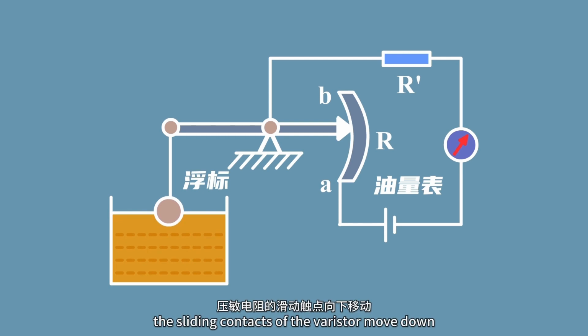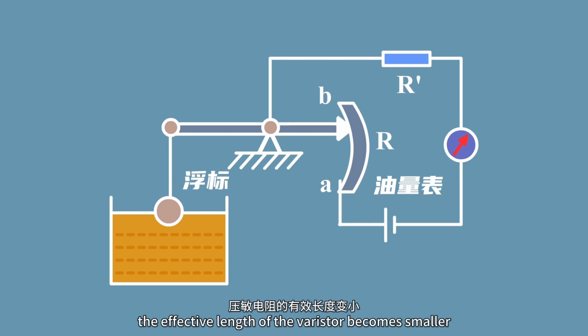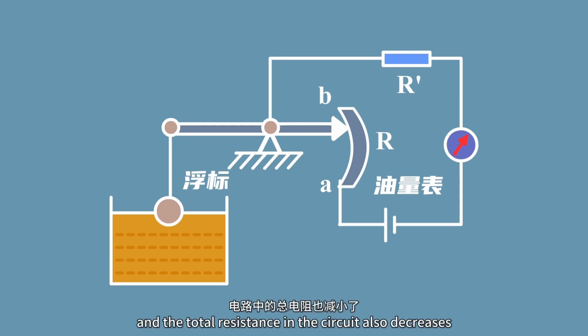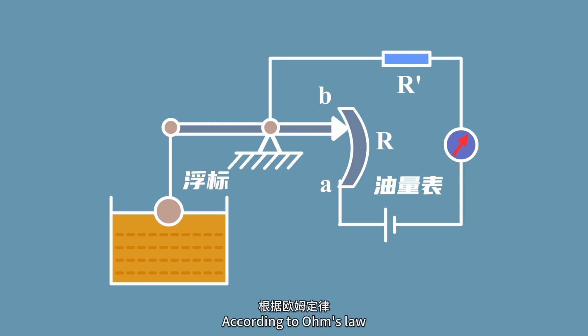The sliding contact of the varistor moves down. The effective length of the varistor becomes smaller. The varistor R decreases, and the total resistance in the circuit also decreases. According to Ohm's law, the current becomes larger, and the deflection of the fuel gauge needle increases.